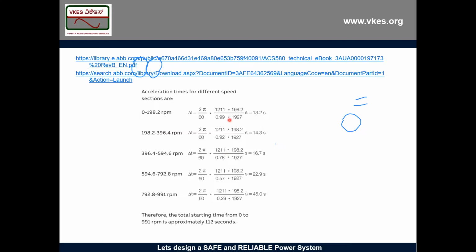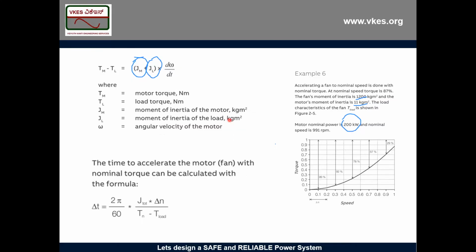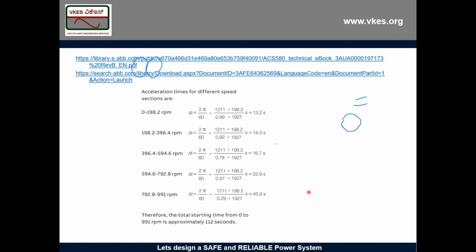Okay, that's what I'm explaining. See, there are five instances, right? There are five instances. Initially, the difference in the speed. See, what is the difference of the motor torque and the load torque?